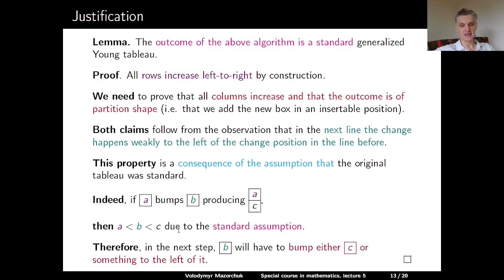Therefore, in the next step, B will also have to bump either C, that's the same element in the same column, or something to the left of it. And this gives us a justification why the outcome is always a standard generalized Young tableau of some partition shape.